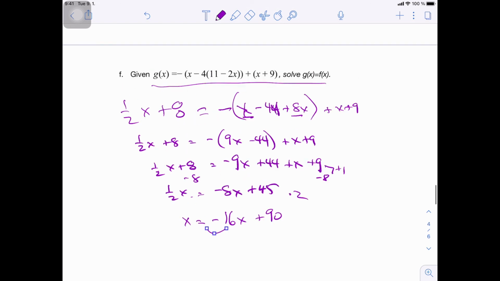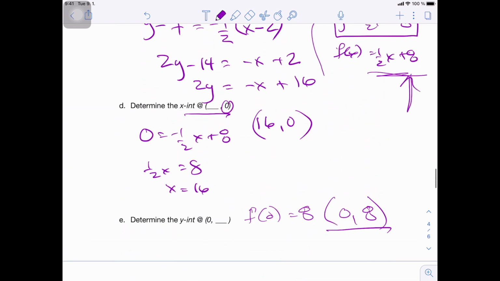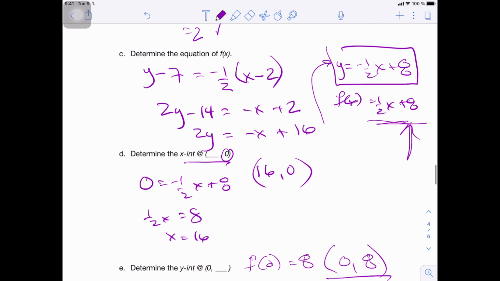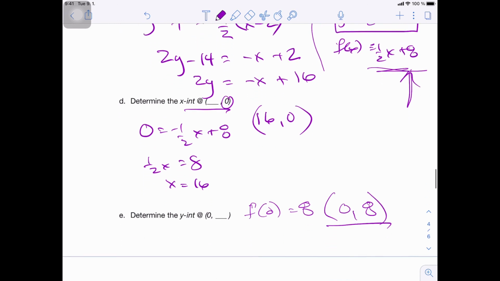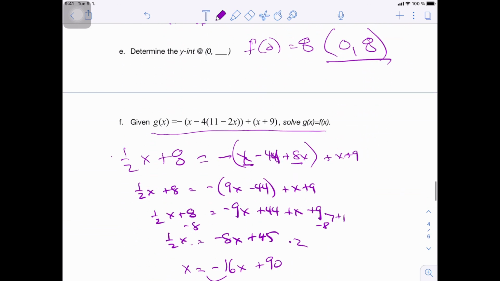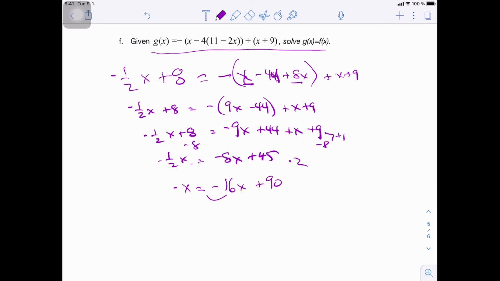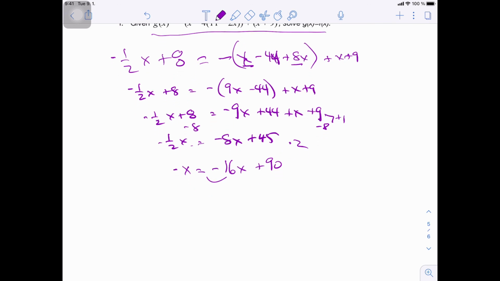Bringing this over, and I just realized I lost my negative sign here. Okay, it's -1/2, -1/2. I forgot it here. Negative, negative, negative, negative, which means this is negative. So if I add 16, I get a positive 15x is equal to 90. Dividing 90 by 15 gives a nice value of 6.